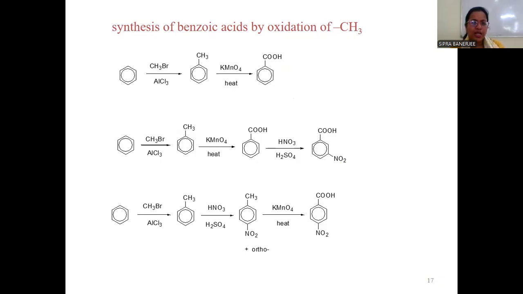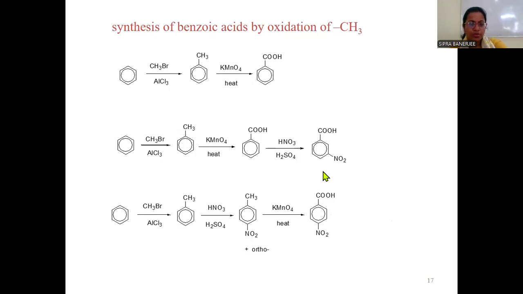There may be a chance of a product if KMnO4 is reacted, then we can get meta-nitrobenzoic acid. But in case the order is changed somewhat, KMnO4 first and then the nitration, then it will give para-nitrobenzoic acid. There are also two products, para-nitrobenzoic acid will be formed.